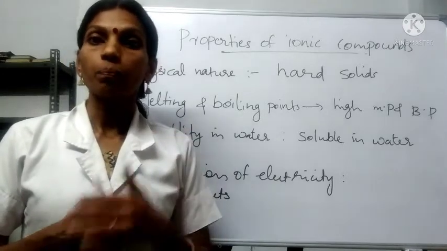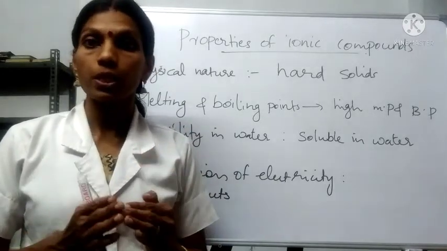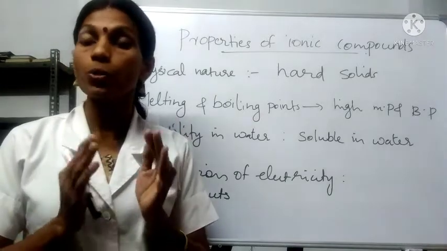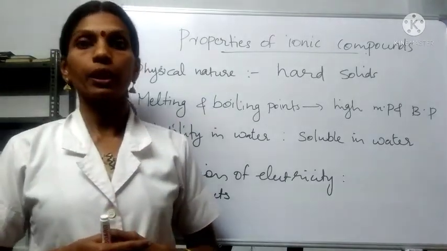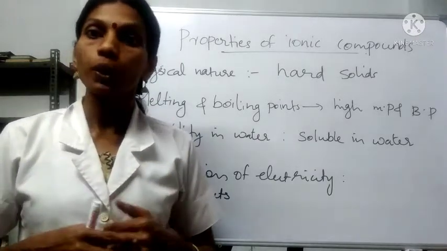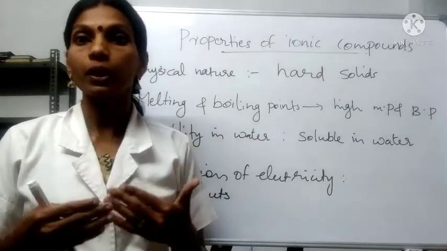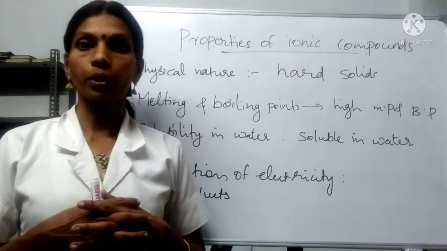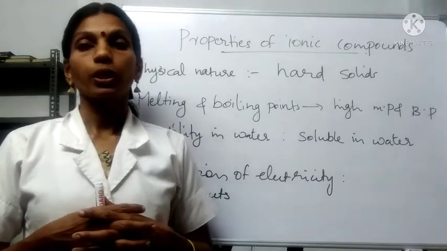So, when these ionic compounds are present in aqueous solutions, the ions are capable of moving, so they can conduct electricity. Like that, when it is present in the molten state, after melting, that liquid form of the ionic compound can also conduct electricity.